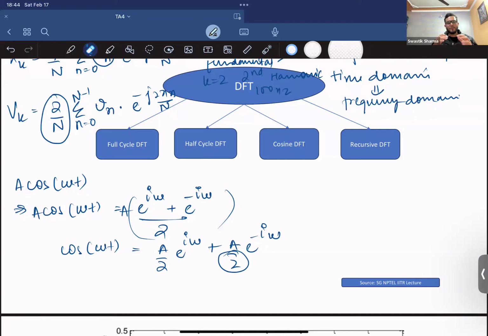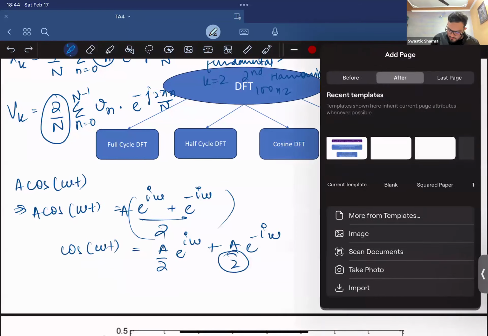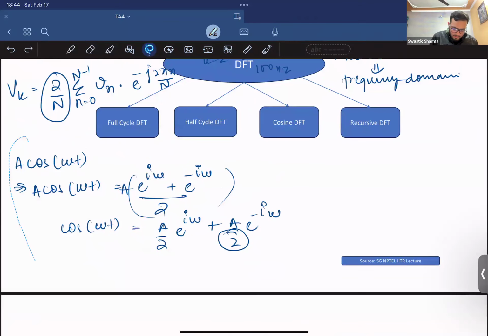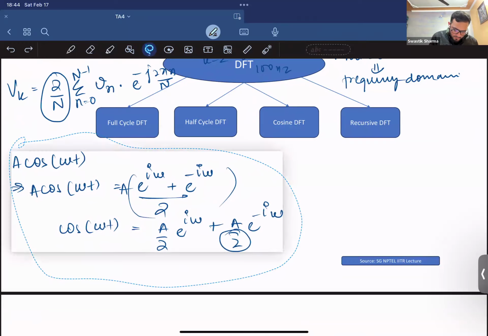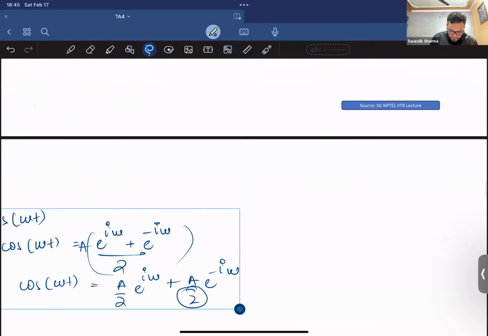Otherwise, your signal will be half the magnitude of what it was supposed to be. That's something that you don't want. That's why you multiply it with 2. I won't remove this, I'll take the next thing. So this is why this 2 comes into play. I just wanted to tell you because I thought people would have checked.